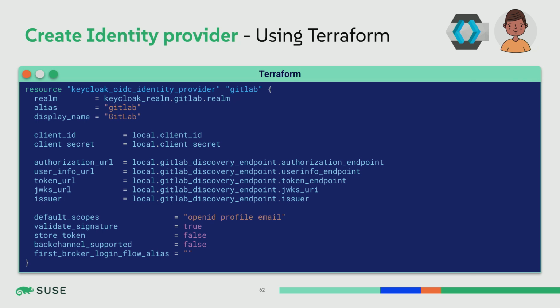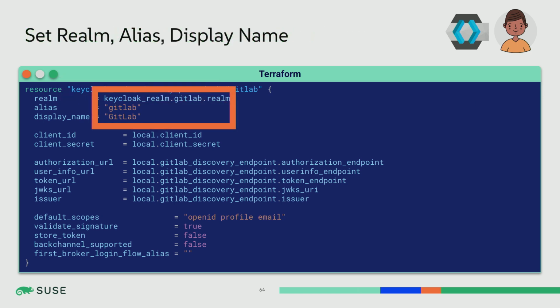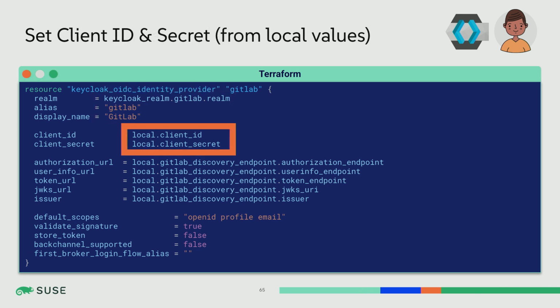Now we create this identity provider using the Keycloak OIDC identity provider resource, setting its name, the realm name, and the display name, here GitLab. Then we set the client ID and secret from the local values that were read from the data source from the output of GitLab.